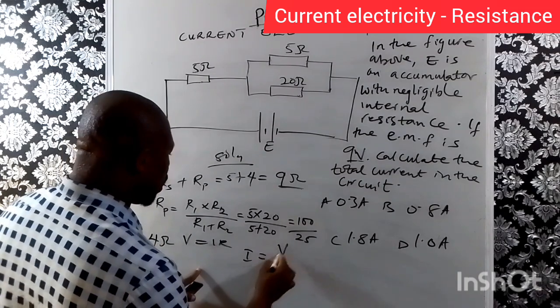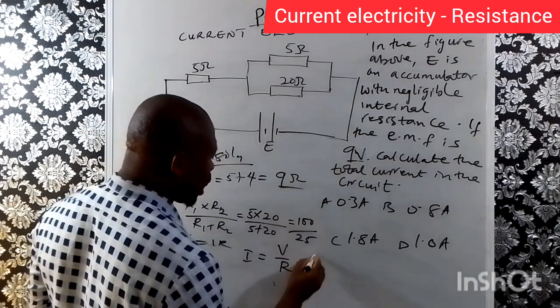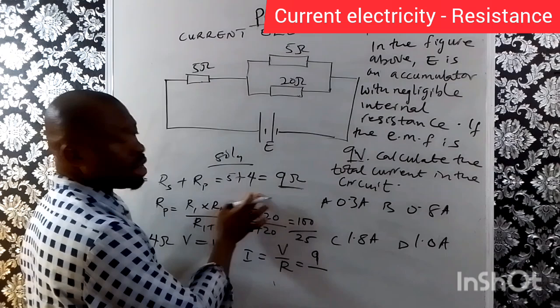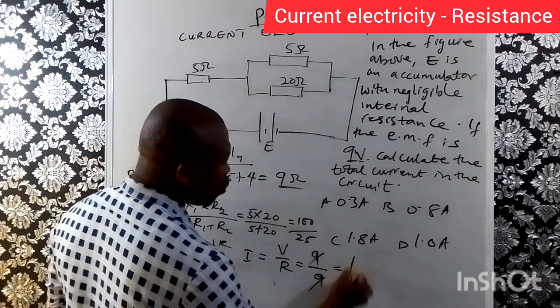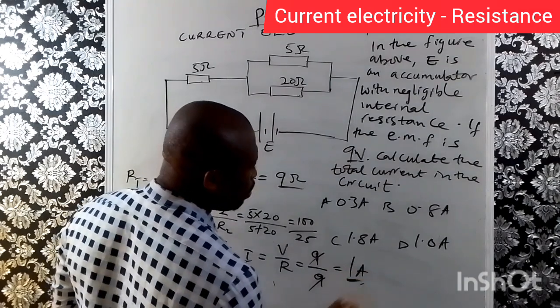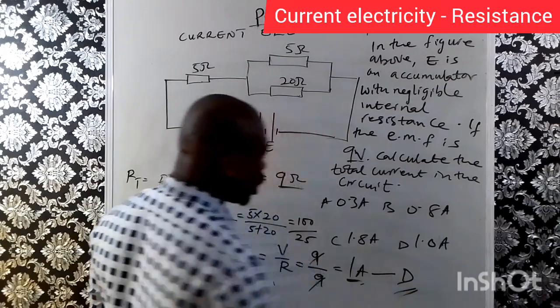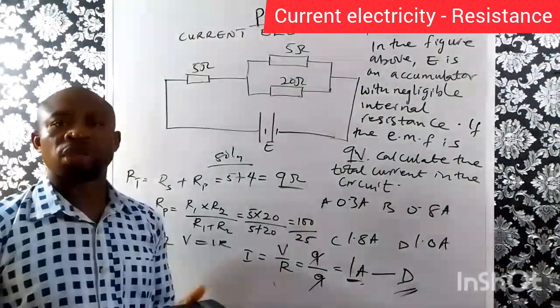I will give us V all over R. The voltage there is 9 volts all over the total resistance in the circuit, which is 9. And of course, 9 divided by 9 will give us 1 ampere. And then 1 ampere is option D. So the correct answer option here is option D.